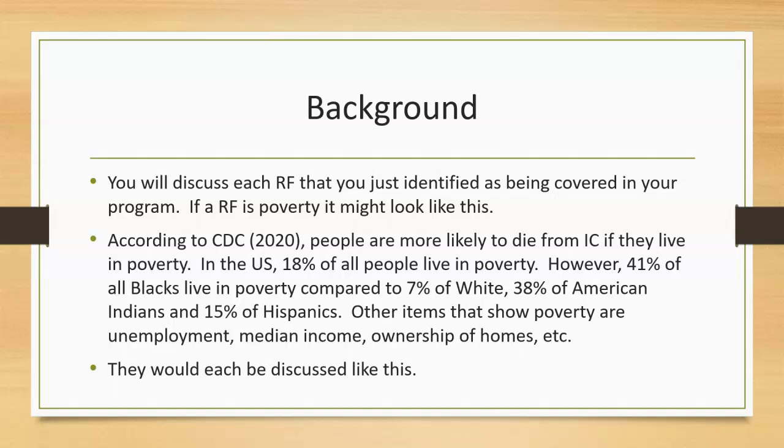Each of your risk factors will be discussed like this, and each risk factor will take 1 to 2 paragraphs to discuss. So if you have 5 risk factors, you're going to have between 5 and 10 paragraphs in this section.